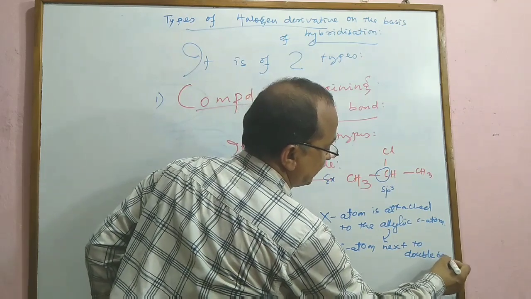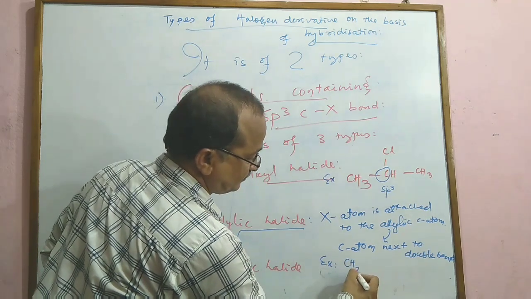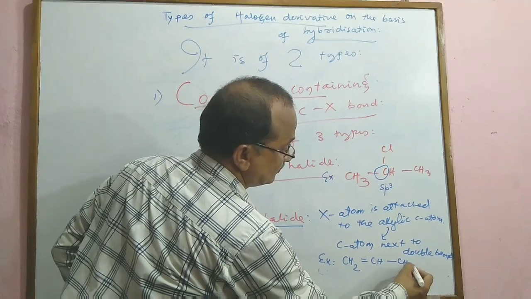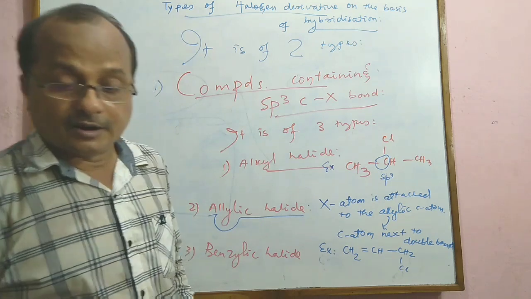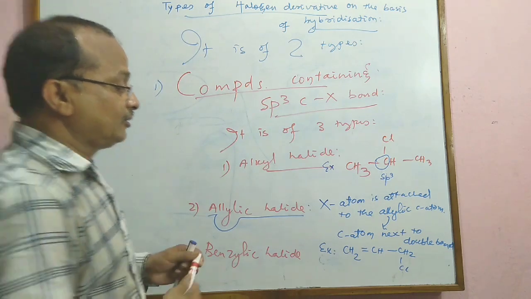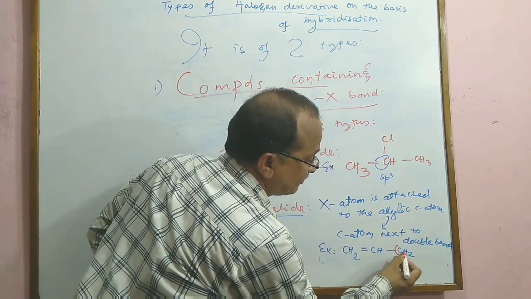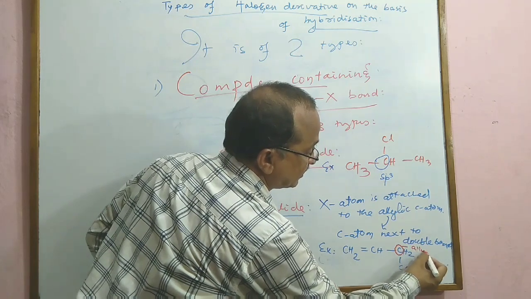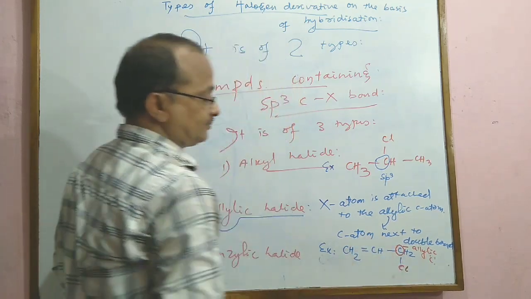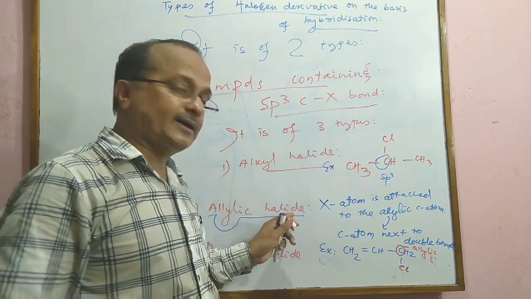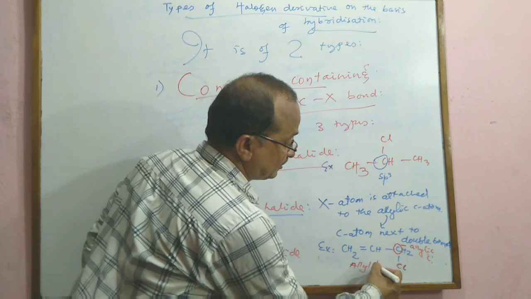For example, we see CH2=CH-CH2Cl. So here are 2 double bonded carbon atoms. The next carbon atom, this carbon atom is an allylic carbon, to which chlorine atom is attached. So this is an example of allylic halide, and its name is allyl halide. Common name is allyl chloride.